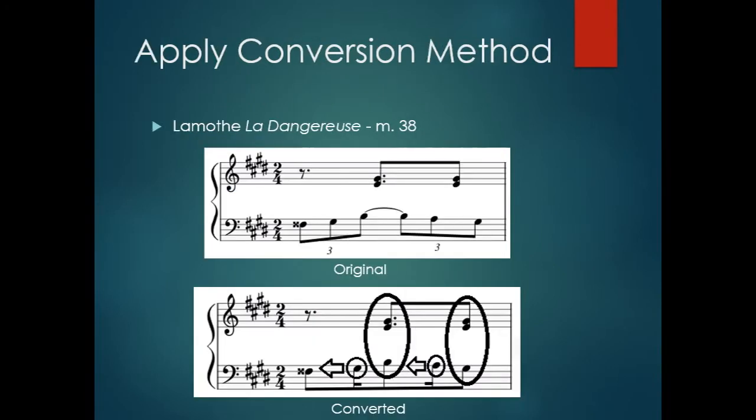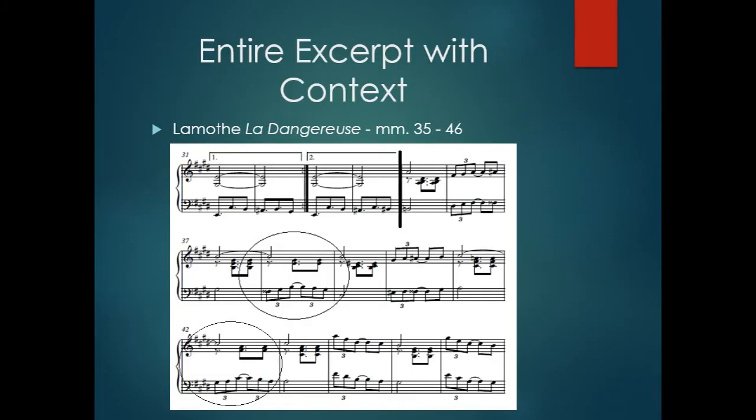So applying the method with the next slide. Converting to Cinquillo, coordinating Tresillos, and relaxing the second and fourth notes. Now, if we look at this within context, measure 42 also has the same rhythm.